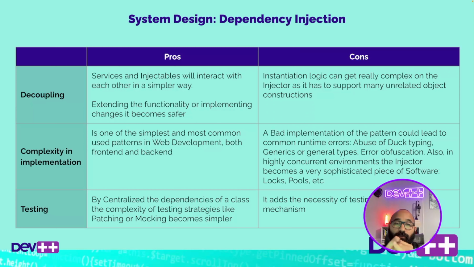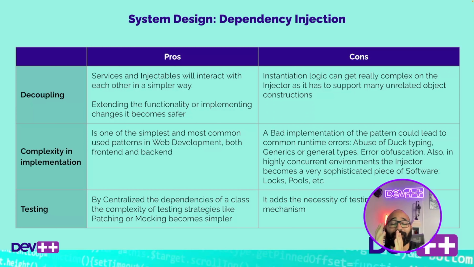You have to use semaphores, kind of like traffic lights, locks, pools, and that sort of stuff, which can get really nasty when you're trying to limit the use of objects or control the supply of different instances, right?